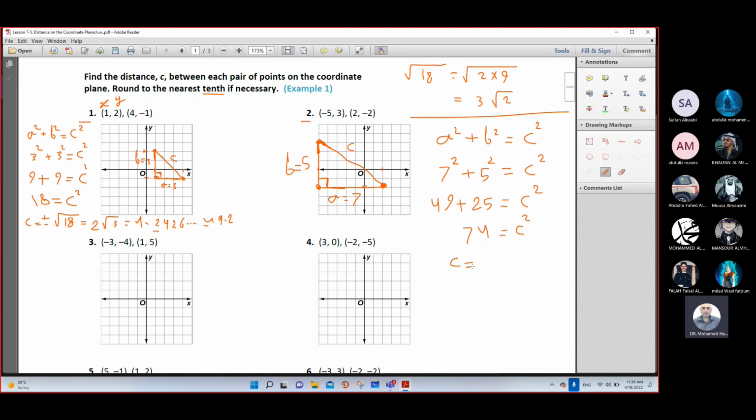So C equals the square root of 74, about 8.6.